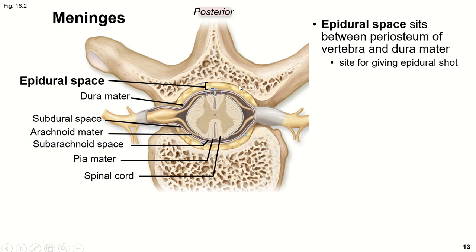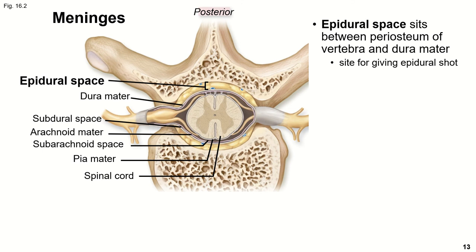And this is where they give an epidural shot, which you have undoubtedly heard of from someone who was pregnant and got an epidural. And what they do is they have the patient flex their spine, bend forward as far as they can, which frankly, when you've got a giant parasite in your abdomen, is not very far. And you bend forward as far as you can so that the spinous processes of these lumbar vertebrae separate as much as possible. And then they look for the space between, I don't remember if it's L3 and 4 or 4 and 5.